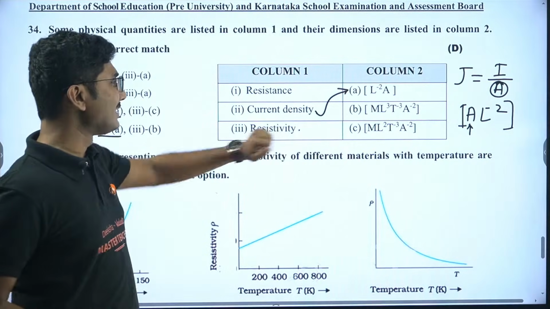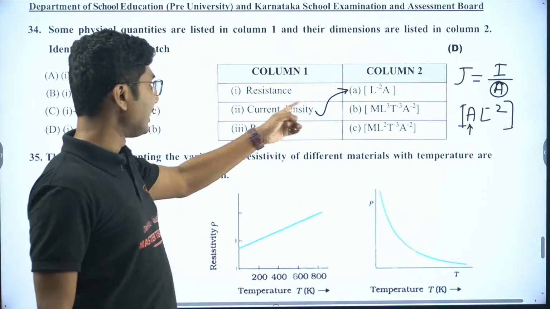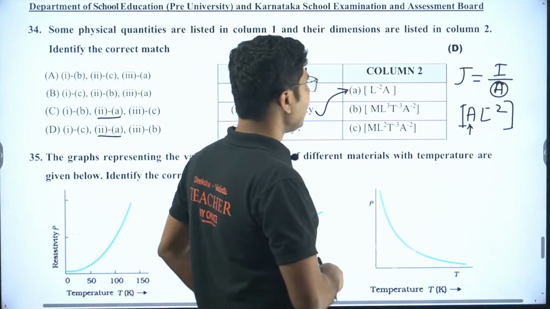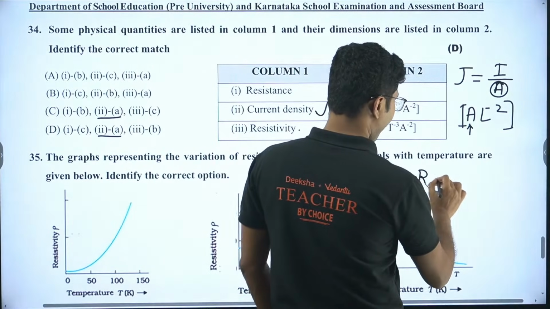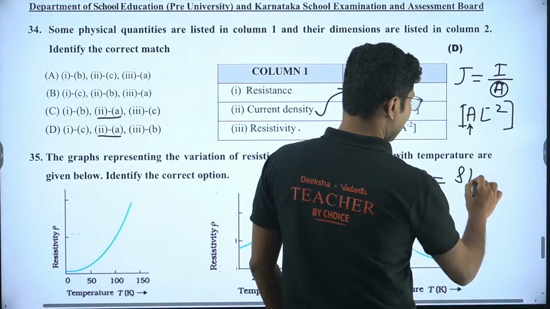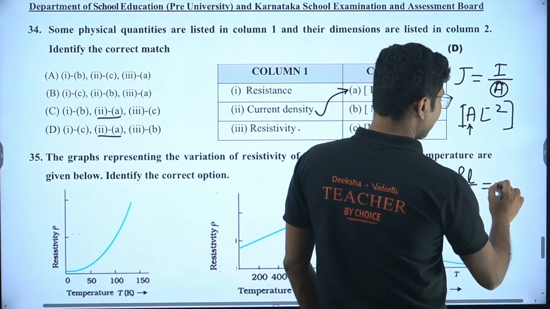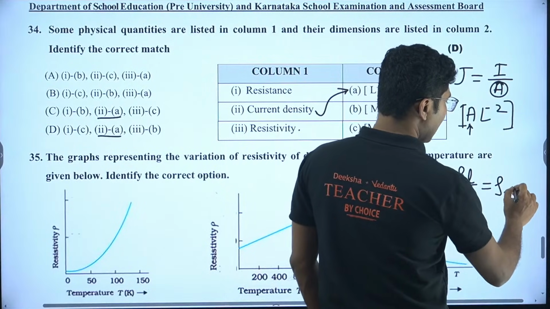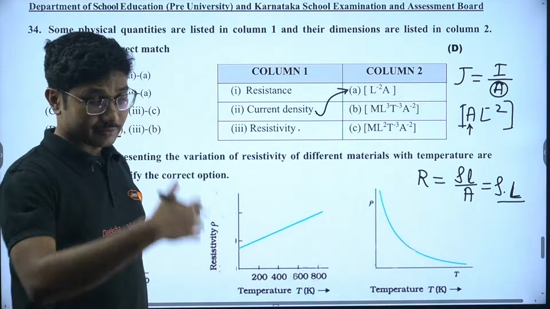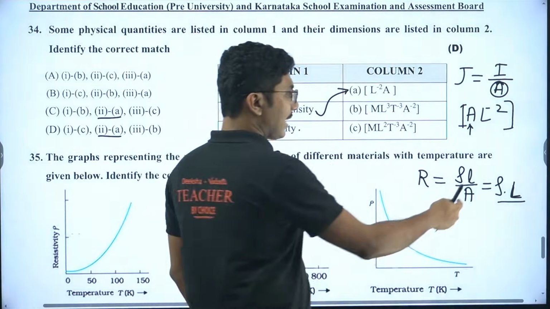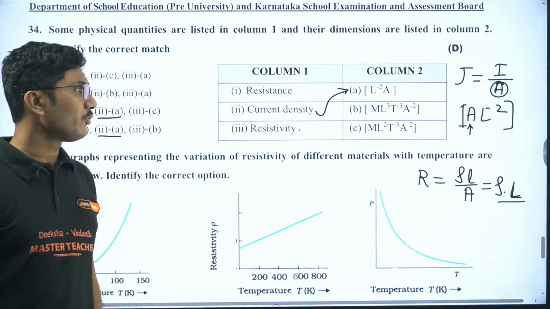But anyway, let's see resistivity and resistance. First we will start with resistance. Resistance is rho L upon A. So whatever is the dimension of resistivity times one extra length is the dimension of resistance.